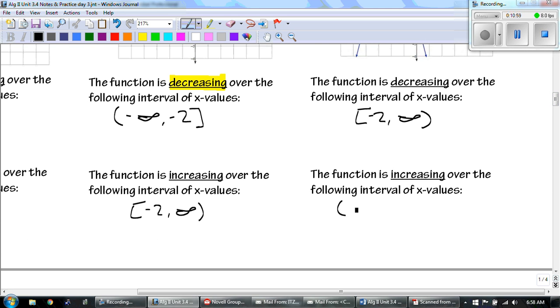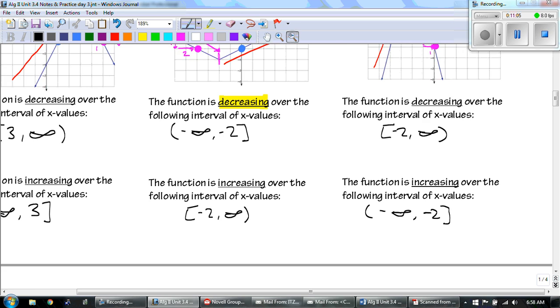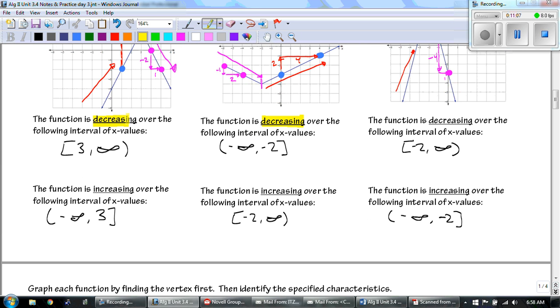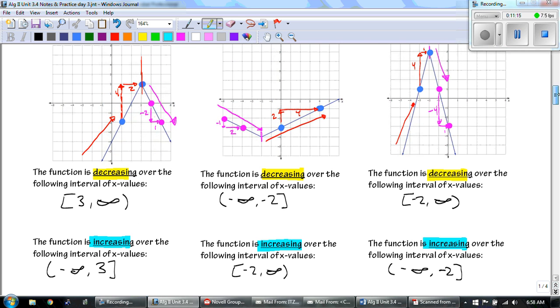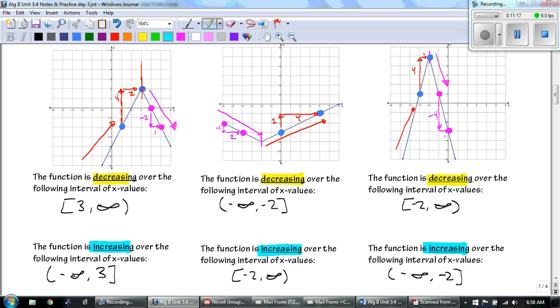So to determine whether it is decreasing or increasing, all we're doing is just looking at the graph and seeing where it is going up and where it is going down.